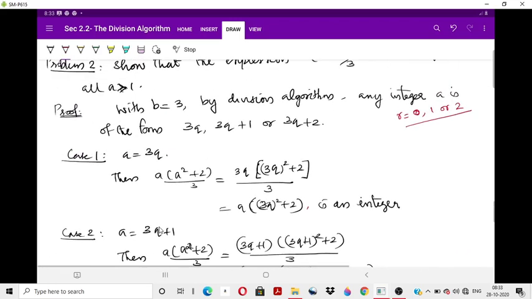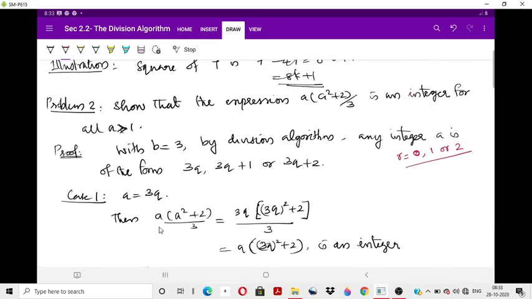In this example, we have taken the division algorithm with b as 3. This is because the denominator contains 3, and in order to cancel that, the expression will become an integer. So in each case, we have to check.